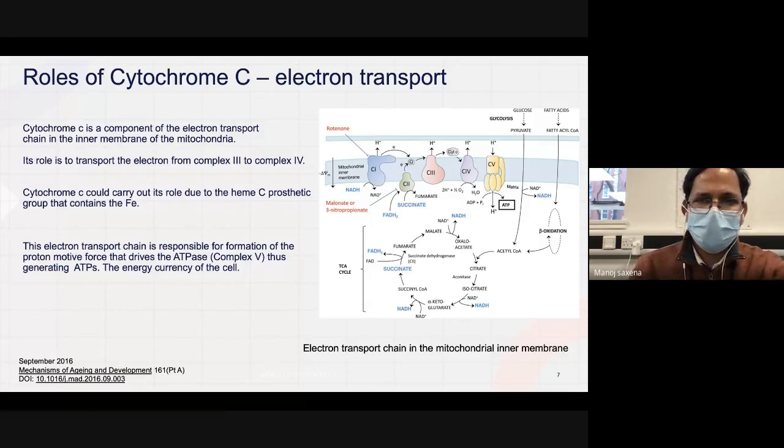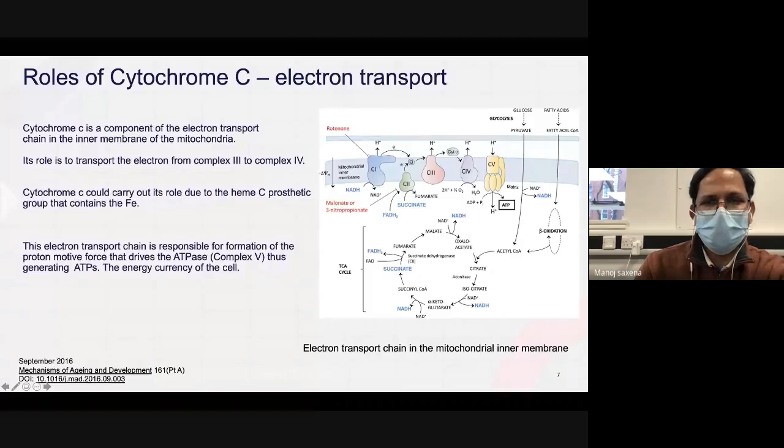Because of this property, one of the important aspects of this protein is that it's part of the inner mitochondrial membrane, which you are looking at in the figure now, where there is a chain of different complexes in this inner mitochondrial membrane, which constitute a very important electron transport chain, which is the basis of all the energy formation inside the cell.